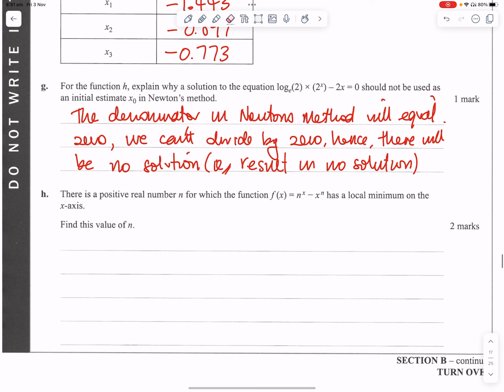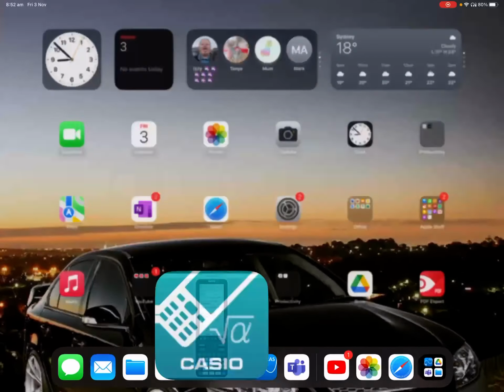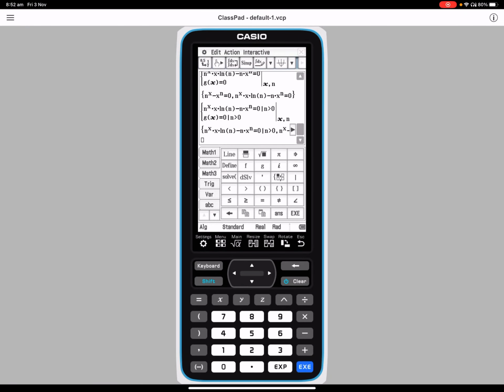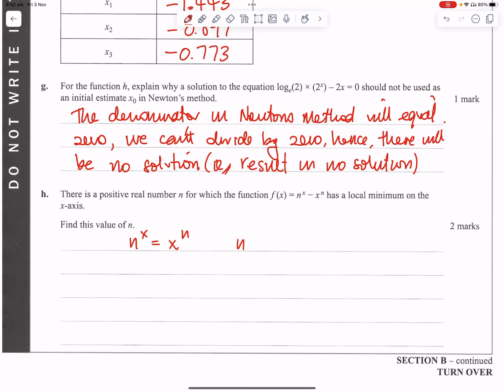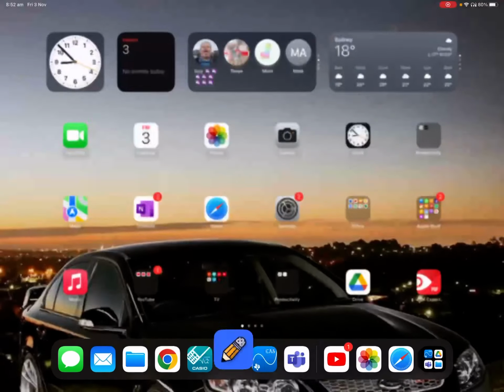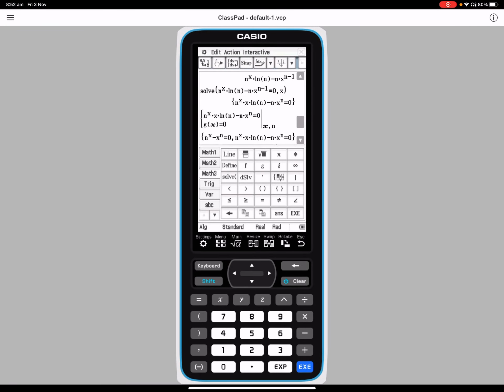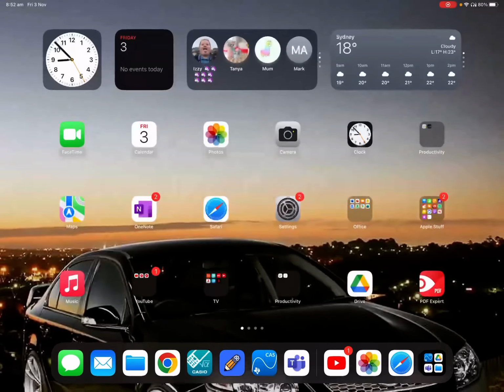Okay, so we know n to the x is equal to x to the n. What was our other equation? Log e n of n to the x minus n x to the n minus 1.